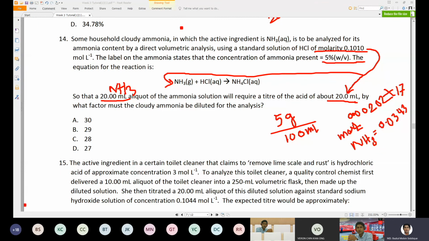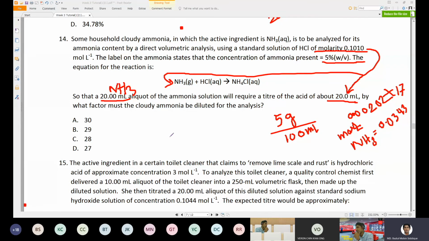So 5 gram of ammonia per 100 milliliter of the solution, and the concentration of the diluted ammonia will be this 0.0343 gram, and if we multiply with the 5 gram, then we'll find the ammonia in 100 milliliter of the diluted sample.